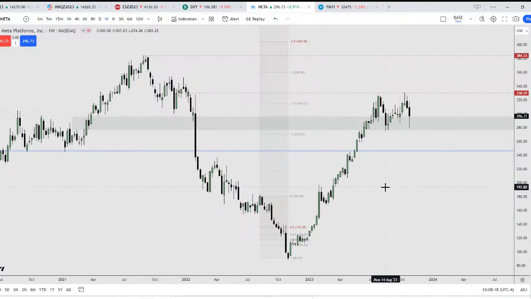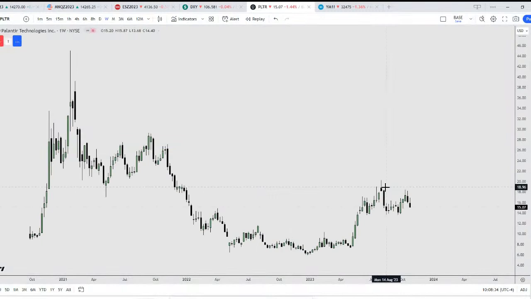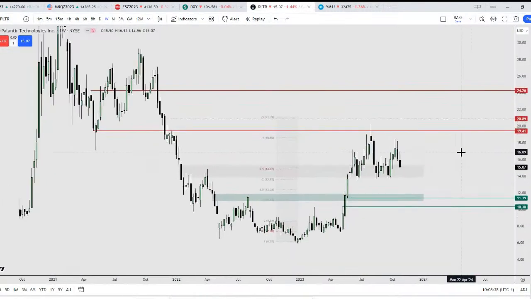Next up, let's do one more US stock and then move to the next one. What US stock is interesting? Oh, Palantir. It's been a while. Ever since trading up into this breaker here, it hasn't been showing much willingness to trade higher.